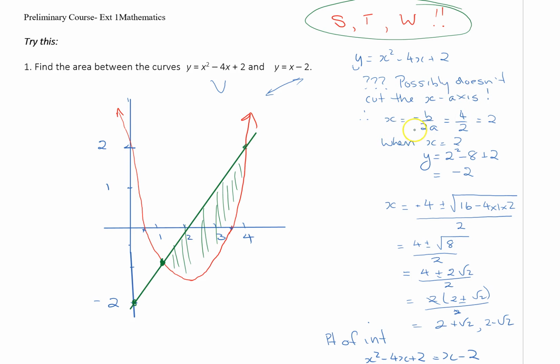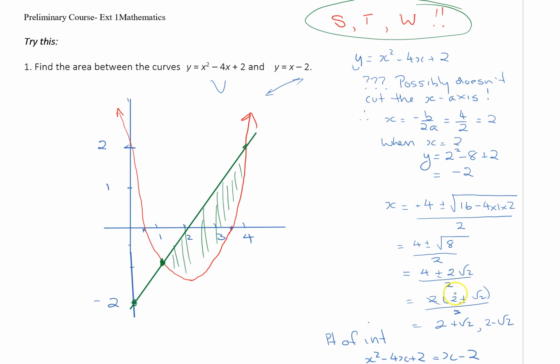So I went through and found the axis of symmetry, found that occurred at x equals 2, and found that the y value of the vertex was actually negative 2 when subbing x equal to 2 into the function. And so I realised then that it had to cut the x-axis. Where exactly does it cut the x-axis?